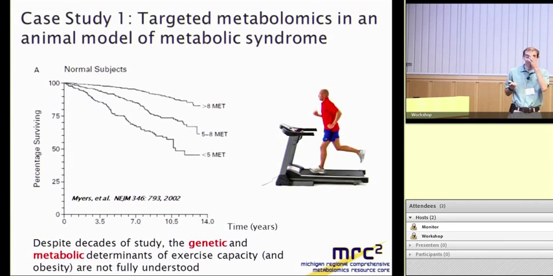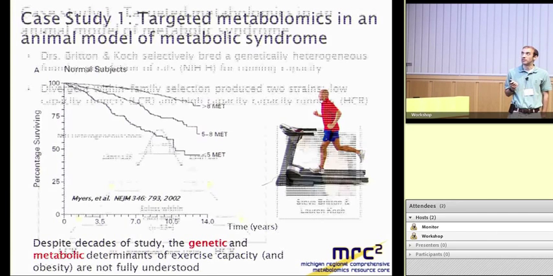And despite decades of study, the genetic and also the metabolic determinants of exercise capacity, and along with that, the risk towards diabetes, obesity, et cetera, are not really fully understood. We consider metabolomics to be a really useful and promising tool to help unravel some of these things, or at least move in that direction.